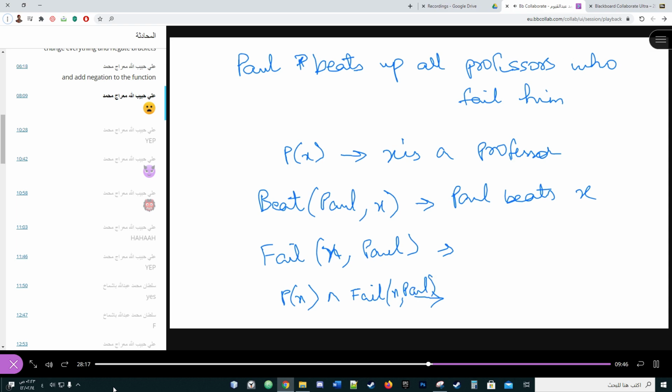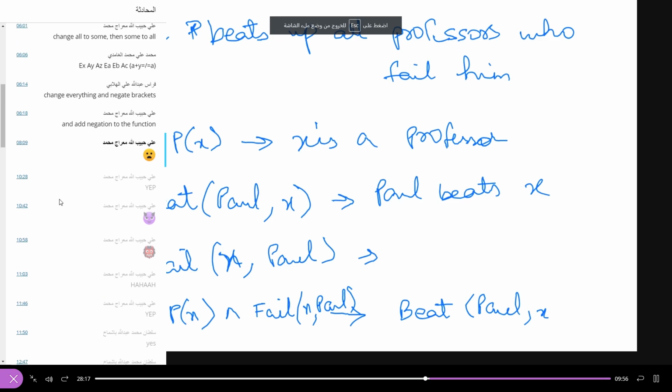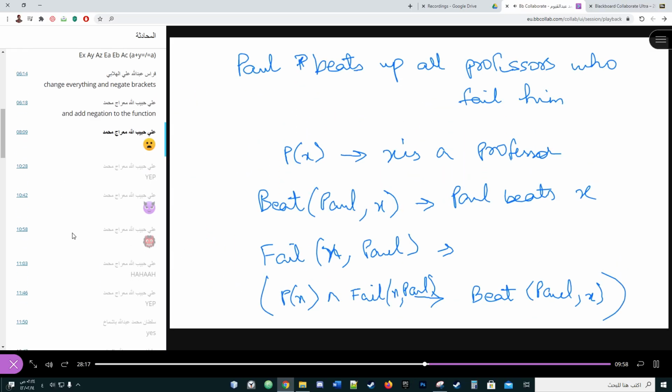If X is a professor and X fails Paul, then Paul beats him up. And this is true for all professors. So this is how you translate from English to logic.